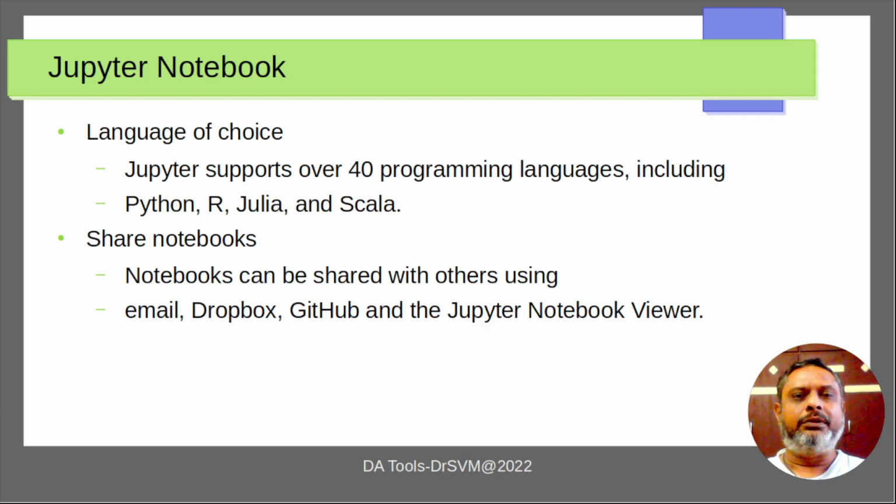If we have one Jupyter Notebook, which is a web-based application, we don't have to install anything. Just on the web, create a Jupyter Notebook and start working with that. So that gives a lot of freedom in working.